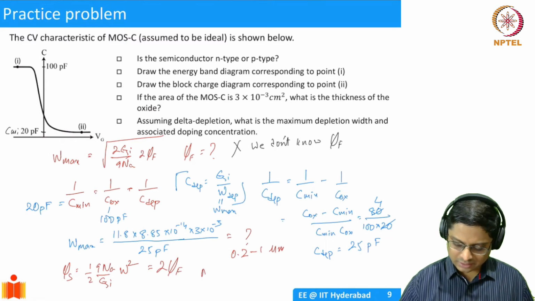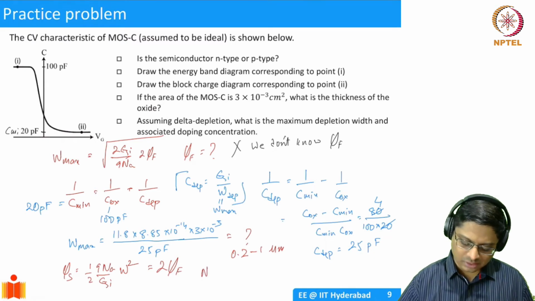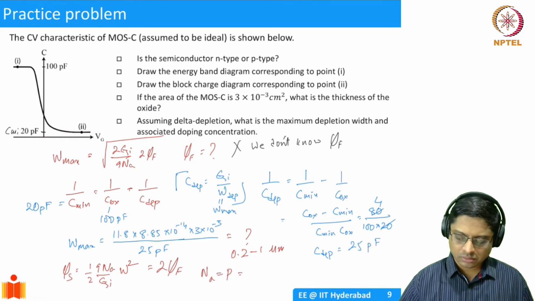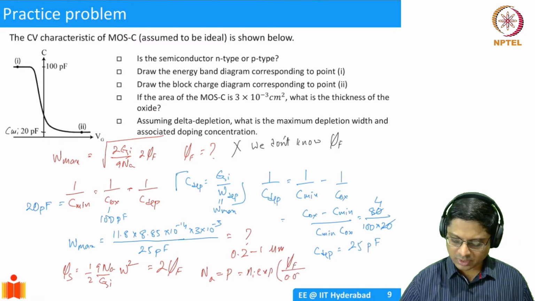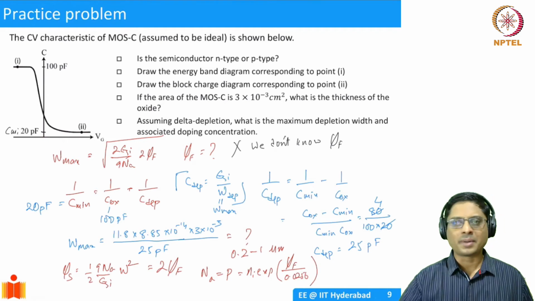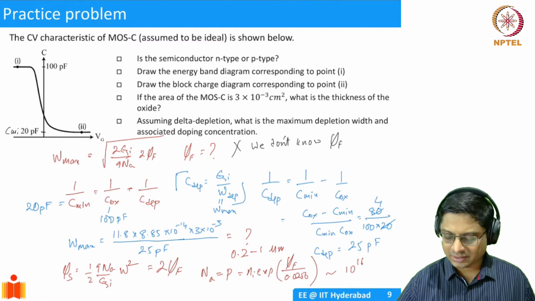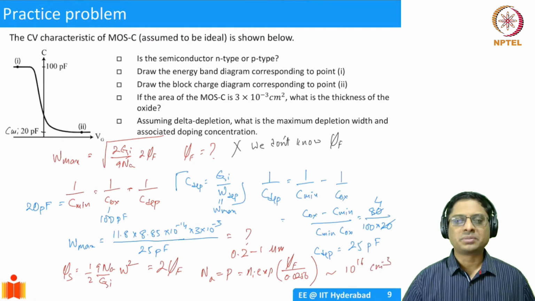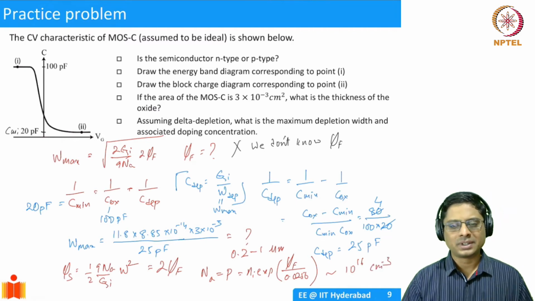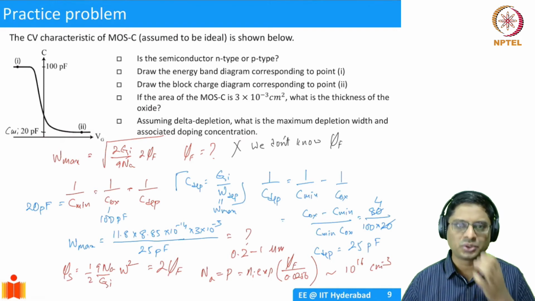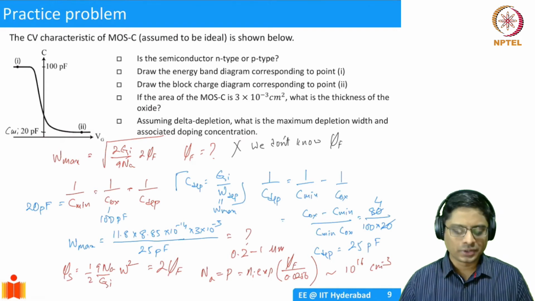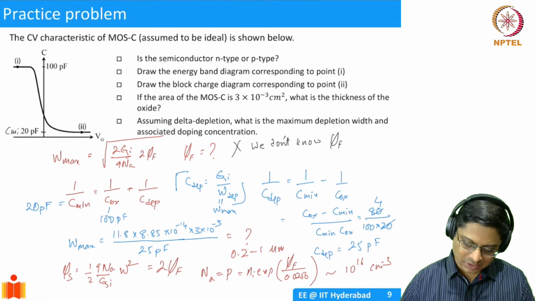So your Na, or rather Na equal to p in this case, equal to Ni exponential phi f by 0.0256. Some number, 10 power 15, 16, something you'll get. 10 power 16, let's say, per centimeter cube. So please make sure that you work out this algebra. We are almost there. You should be able to solve this fully. Okay, so that's the first problem I wanted to solve.